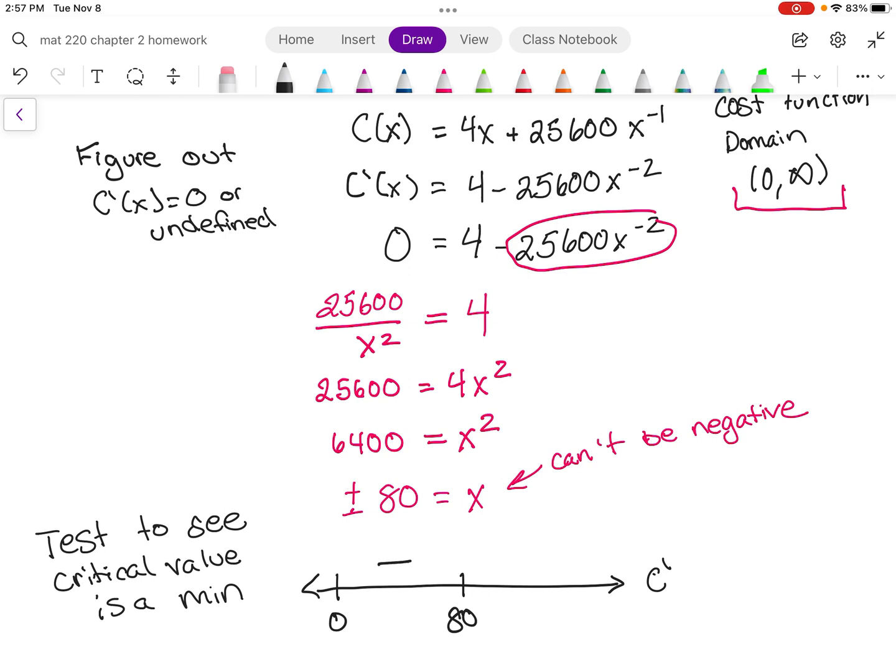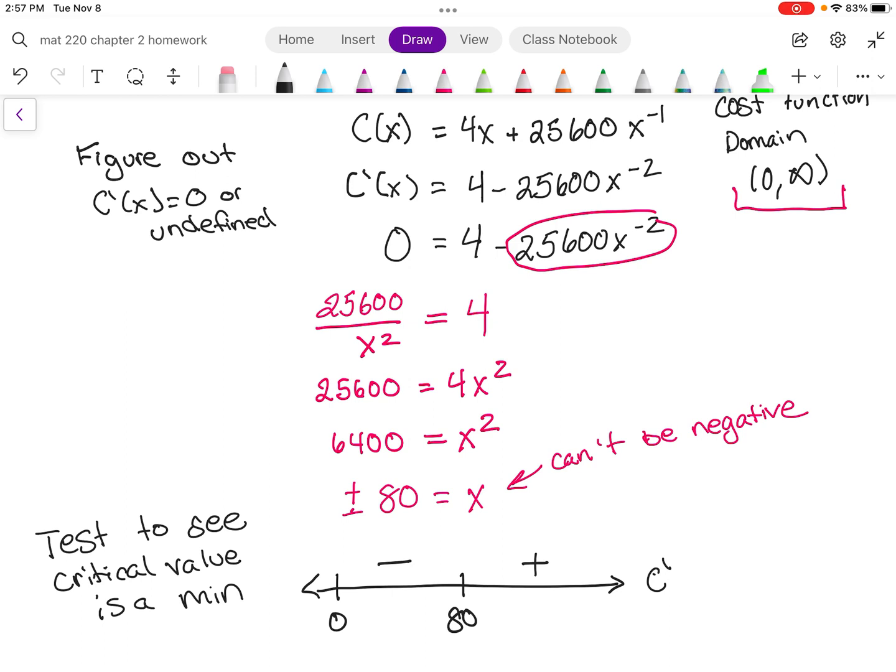And then if I plug in a number more than 80, I'm going to end up with a positive number, because that 25,600 would be divided by something larger, so I would get an output in that piece that would be smaller than 4. Therefore, 4 minus that number would get me a positive value.